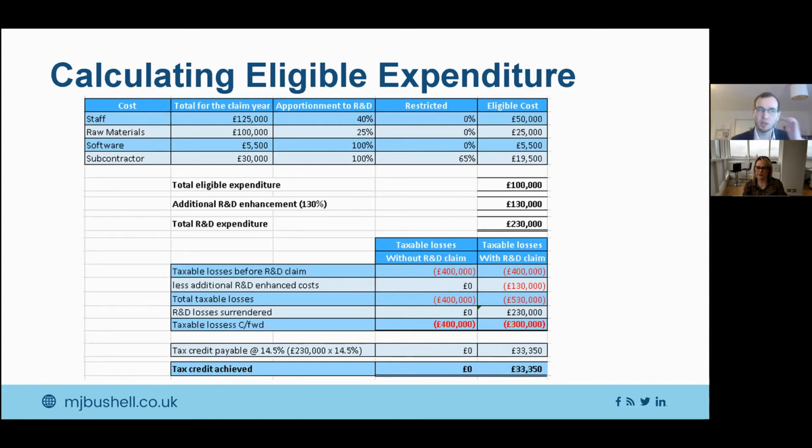So a lot of companies will choose to surrender the loss just to get that reduced tax credit, which will help their cash flow and actually give them some sort of relief straight away, albeit at a reduced rate, 14.5% instead of 19%. Yeah, so you have the option. You can choose which one you want.